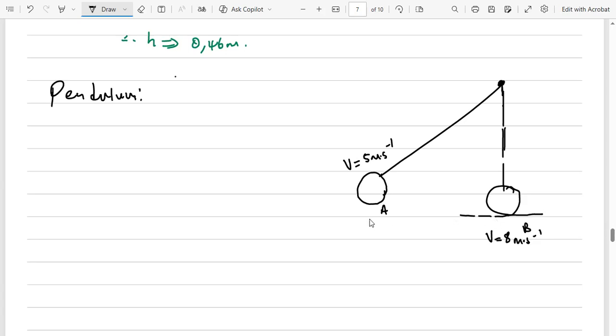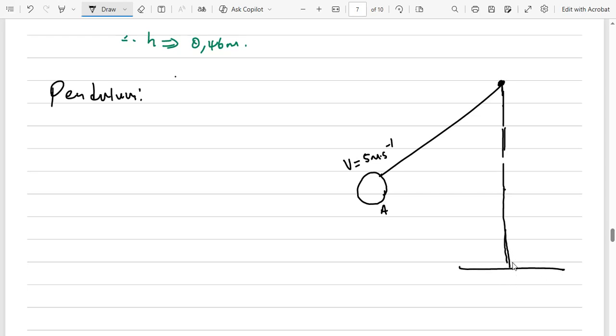Now remember, if it's swinging, it will go up. They won't be on the same level again.